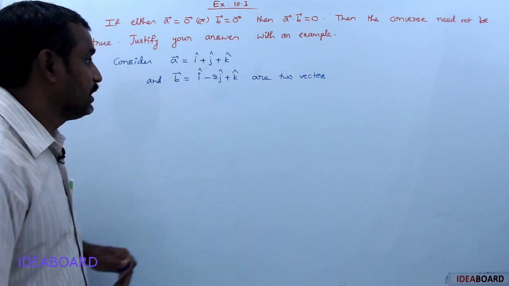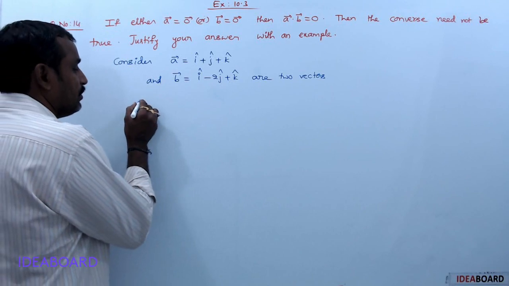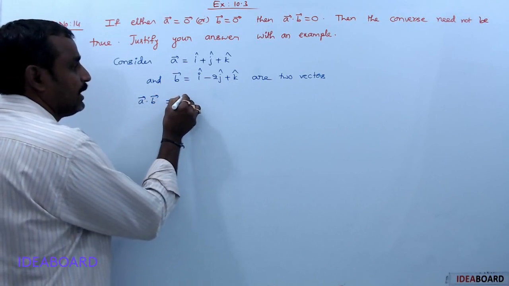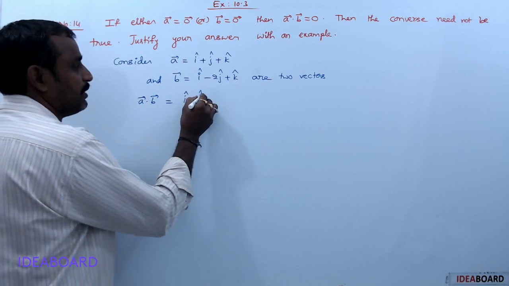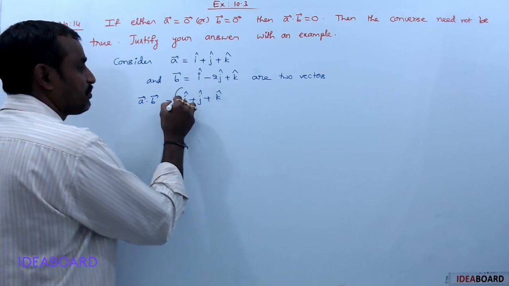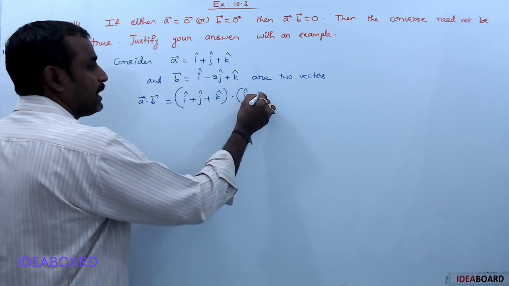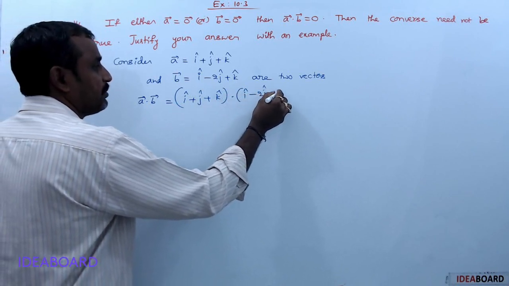So now we will show that A bar dot B bar is equal to I cap plus J cap plus K cap, dot product with the vector B bar, I cap minus 2J cap plus K cap.